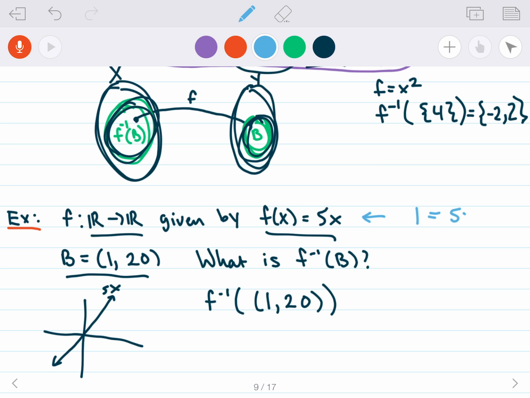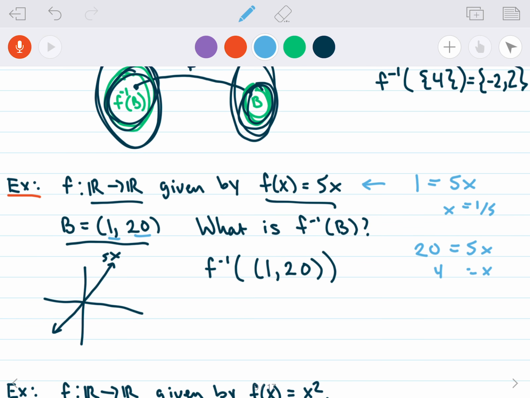What does x have to be? Divide by 5. x is 1/5. And then when this thing equals 20, we get 5x equals 20, but it's not including it, right? So divide by 5 and get x equals 4. And so here's our set B, going from 1 to 20.